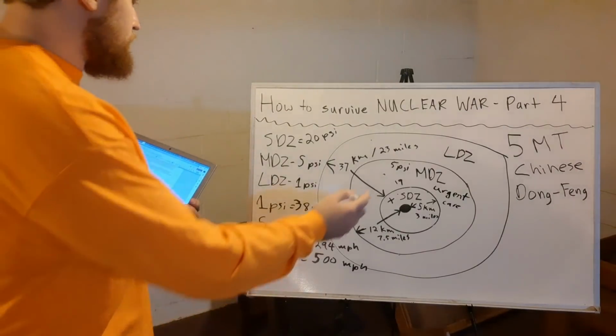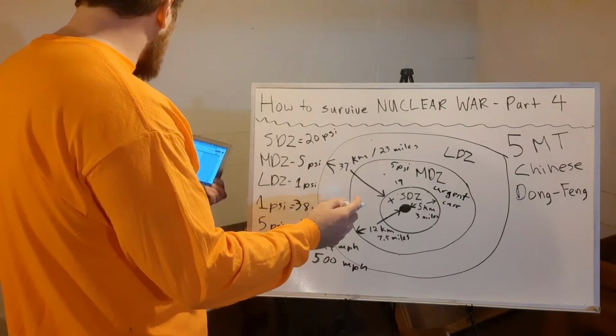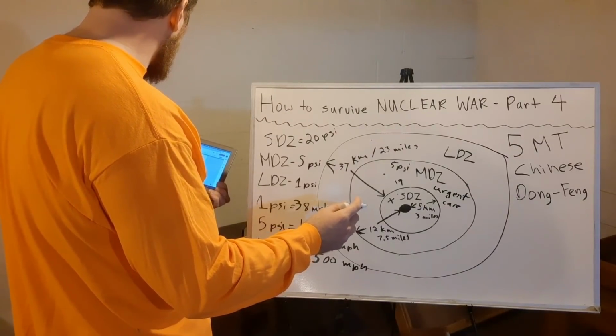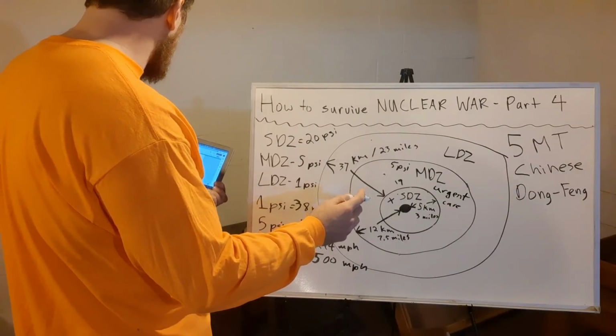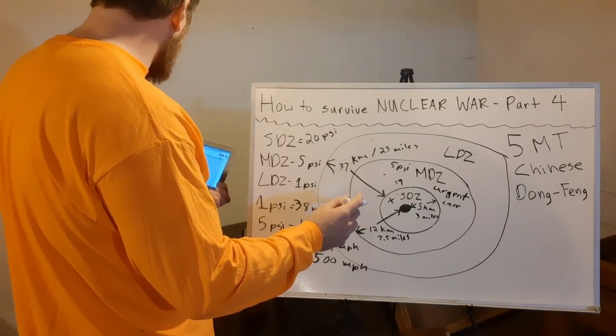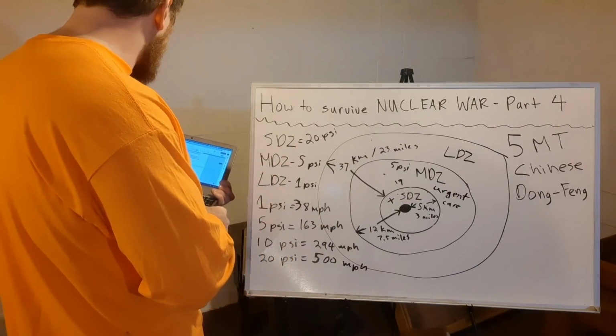So the blast damage within the moderate damage zone, you're talking about buildings will have significant structural damage and blown out interiors, downed utility lines, overturned automobiles, caved-in roofs, collapsed buildings, and fires. Sturdier buildings, such as those made of reinforced concrete, will remain standing.